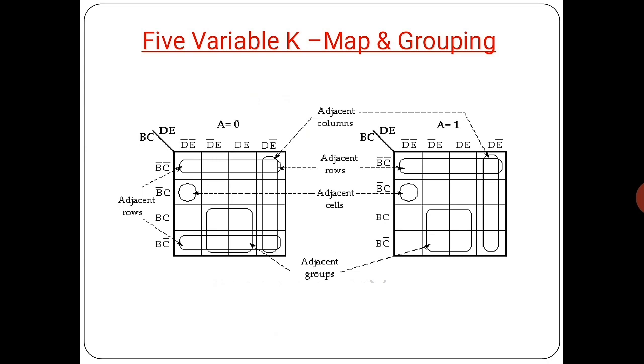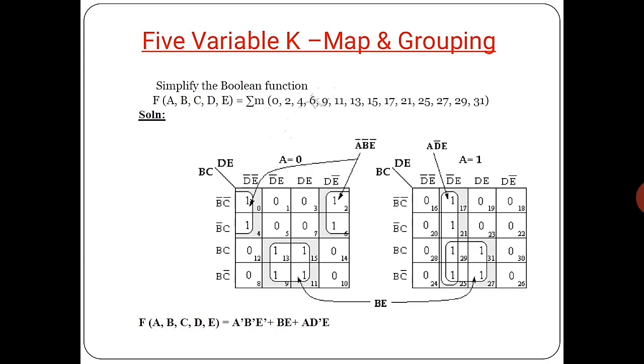We don't want to bother about A. We are going to group adjacent columns in the A equal to 0 map and the A equal to 1 map. If we have adjacent columns, we take only the common variables; otherwise, if such a possibility is not there, we are going to add the value of A. So we have the chances to group adjacent column, adjacent row, adjacent cell, and adjacent group.